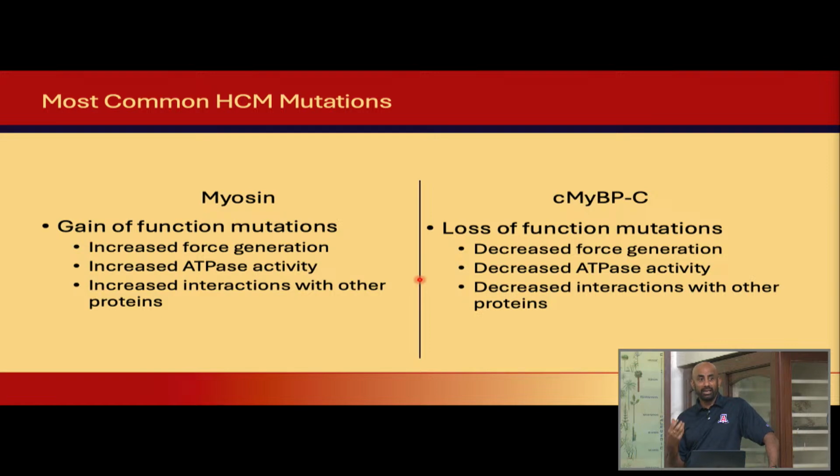What does that mean? Myosin is hyperactive, more active in hydrolyzing ATP, and results in generating more force. In myosin binding protein C, the mutation causes decreased force, decreased ATPase activity, and decreased interaction with other proteins. So this can be a simple example of how to define these two different gain of function or loss of function mutations.